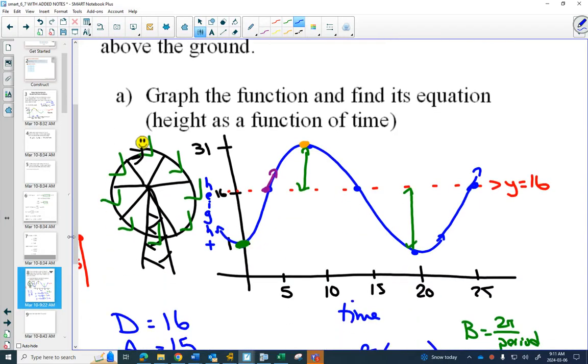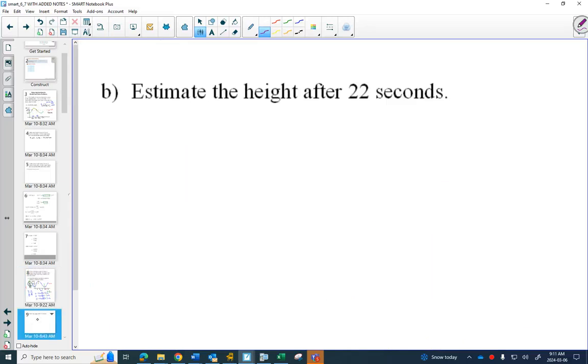So on my graph, I know that 22 is, I'll go purple again, 22 is right here. If I go up to my graph, I get a point. If I was using my graph, I might say that that's at 3 or 4. Okay, it's an estimate.